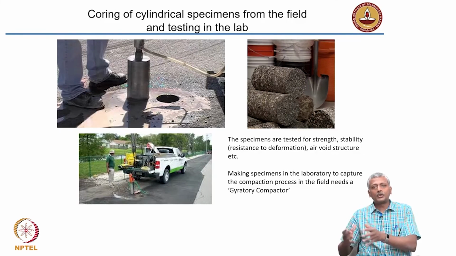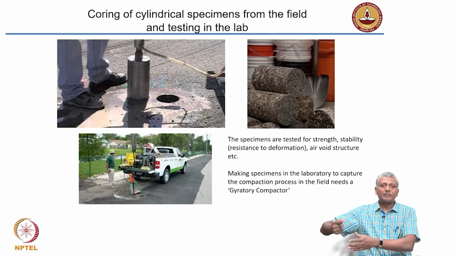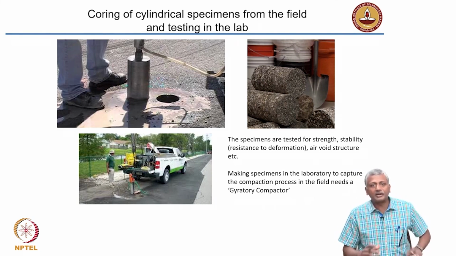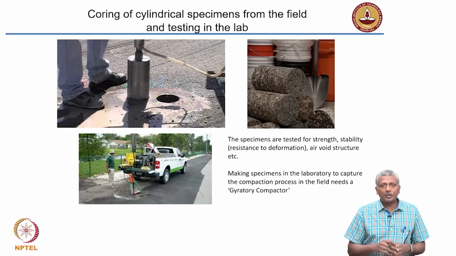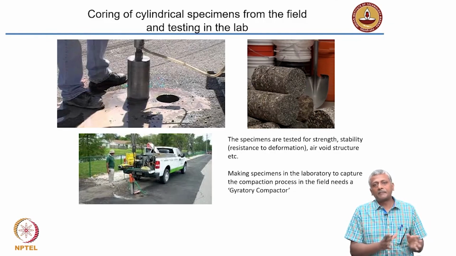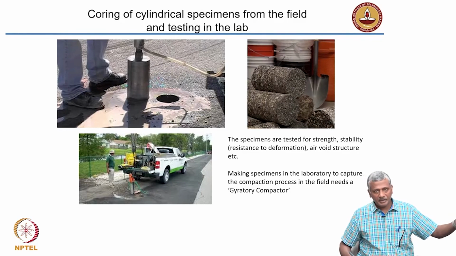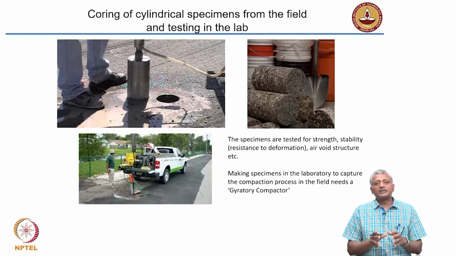In the lab, you will mix up your asphalt concrete, put it in a cylindrical container, and then start compacting it in some way or the other. You can use different methods of compaction. I am not going to cover that here, that is going to be part of a higher semester course for you in highway materials. But what I am trying to say is, the compaction energy of the real life pavement construction example can never be properly simulated in the laboratory.